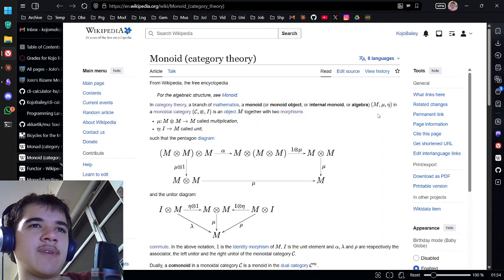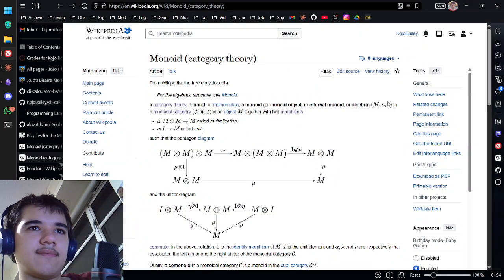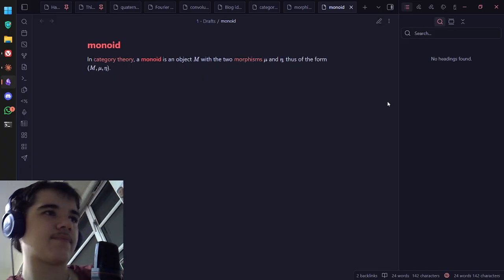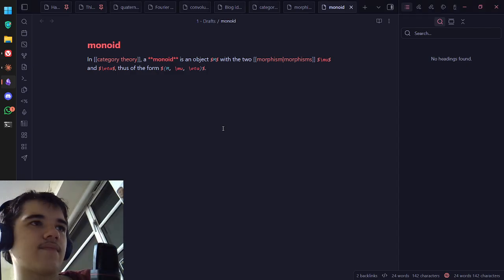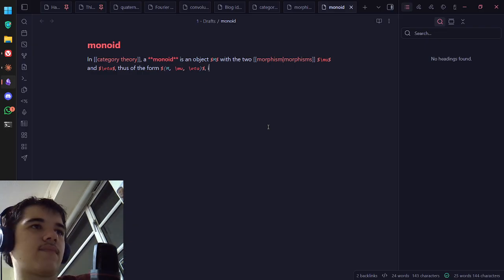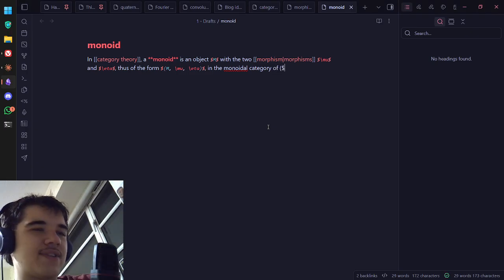It doesn't explain what this notation is, but I can kind of assume that that's just how it works. So boom, boom, boom, boom, and then in the monoidal category of C, which is the category.